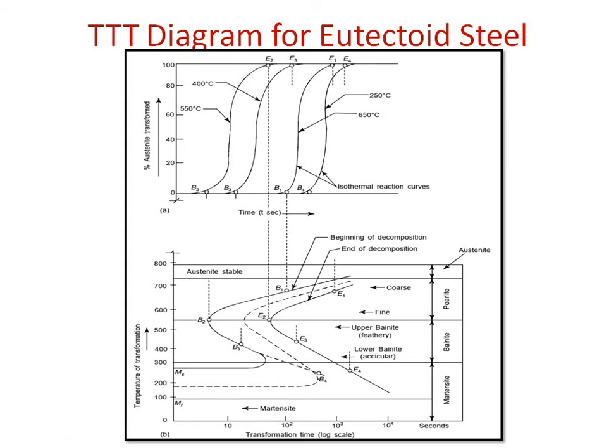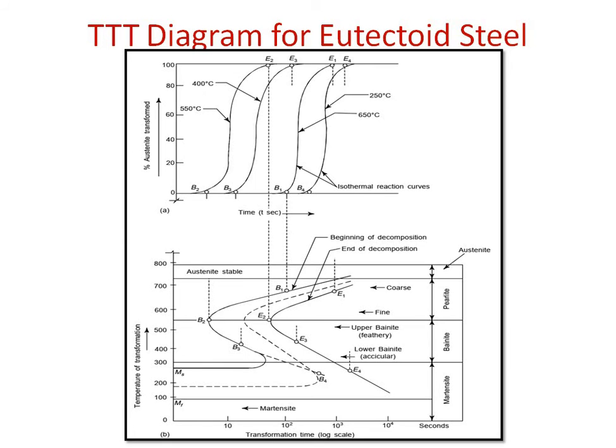The TTT diagrams are valid only for isothermal transformations of austenite. They are not valid in usual operations like full annealing, normalizing and hardening, because in these processes steel is not cooled isothermally but cooled continuously.